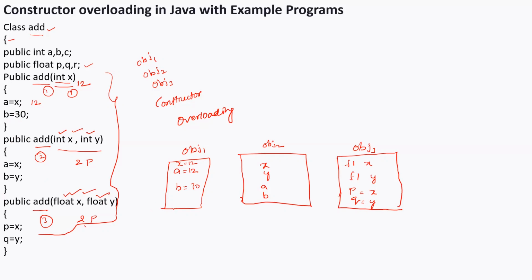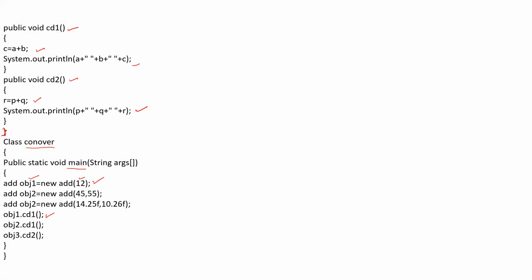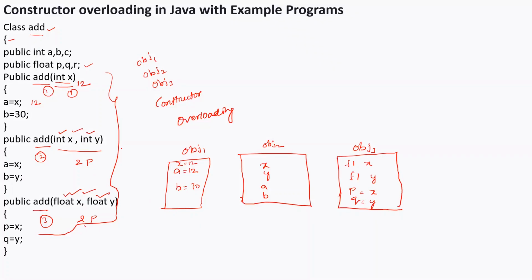And when you say obj1.cd, it is going to print with these values because in this object, a and b values are these. So what is it going to do? c equals a plus b, which is c equals 12 plus 30, which is nothing but 42, and the a, b, c values will be printed here.